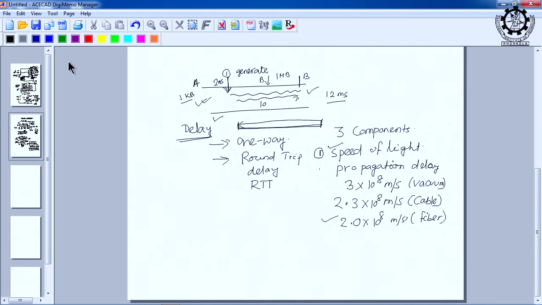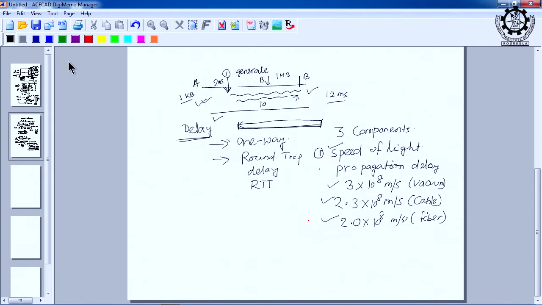This is the fastest one, the fiber optics communication. This is a wired communication and this is basically for your wireless communication. So, why it takes less time in fiber optics, a little bit more time in a cable, but when it comes to a wireless one, it takes some more time, the propagation delay, right.